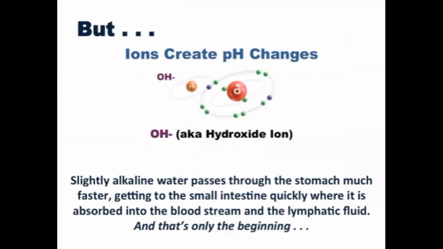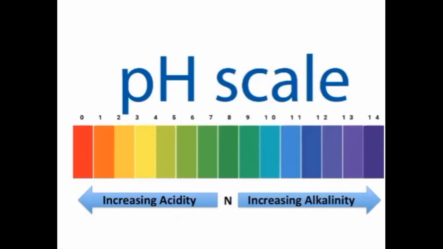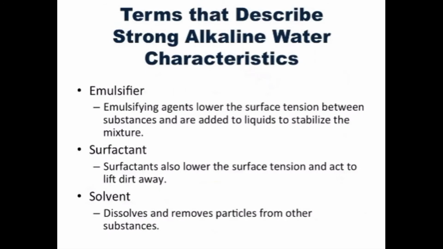So remember that a negatively charged hydroxide ion, or OH negative, makes the water alkaline, and that slightly alkaline water passes through the stomach much faster and it gets to the small intestine quickly, where it's absorbed into the bloodstream and the lymphatic fluid, and that's just the beginning, because we know that on the pH scale, 7 is neutral, and anything that is below 7 increases in acidity, while anything above 7 increases in alkalinity.